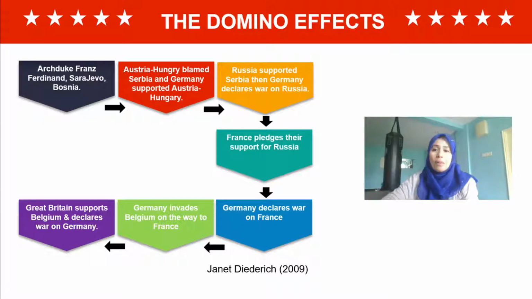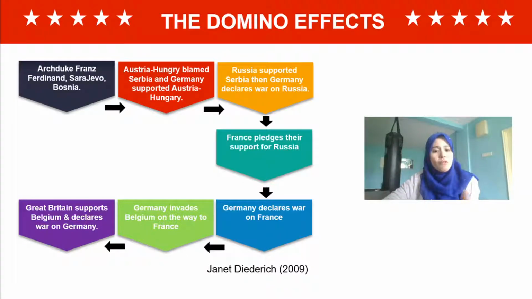Then we have this domino effect, whereby when Archduke Ferdinand was killed, Austria-Hungary blamed Serbia and Germany supported Austria. Russia supported Serbia, then Germany declares war on Russia because Russia supported Serbia, and then France pledges their support for Russia, and due to that, Germany also declared war against France.